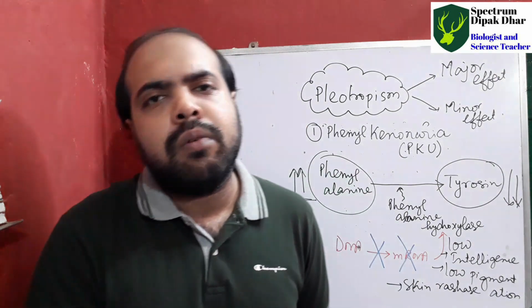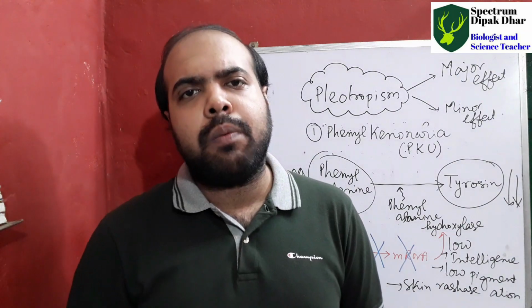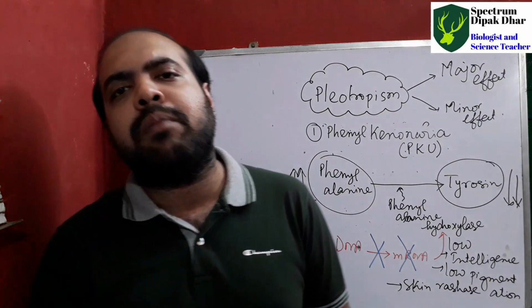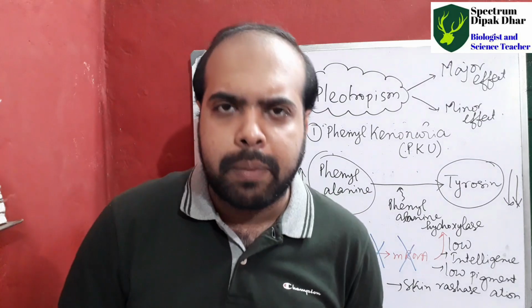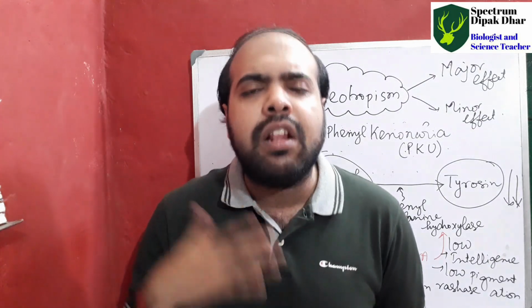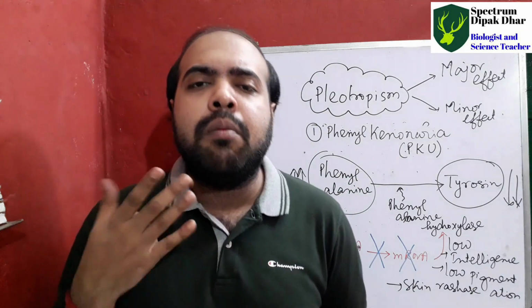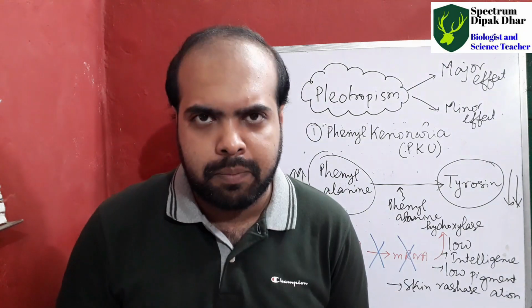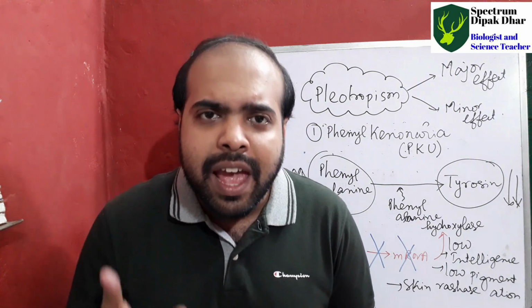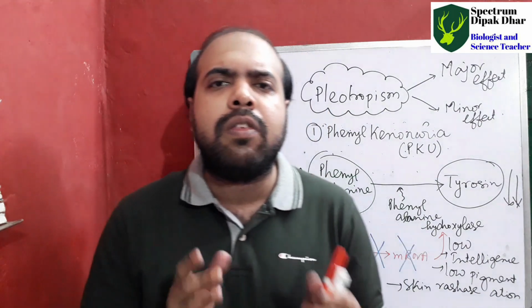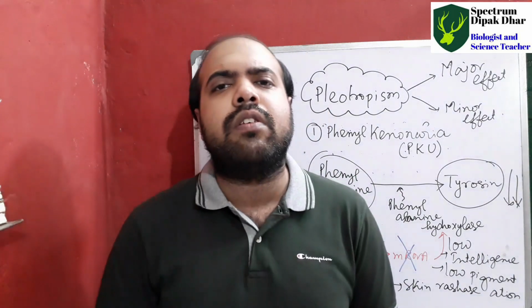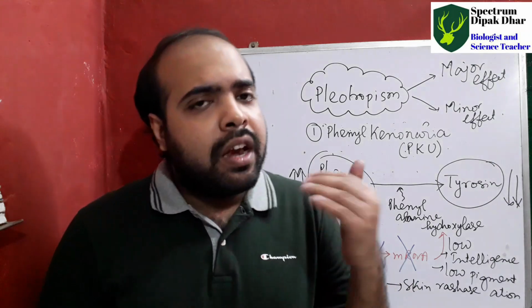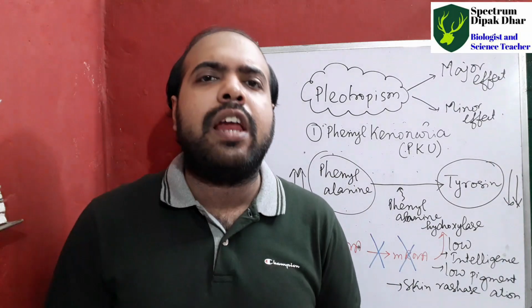The second most important example of pleiotropism is sickle cell anemia. All of you have heard that particular name. In sickle cell anemia, the hemoglobin is transformed and the RBC becomes sickle shaped. As we all know, the normal structure of RBCs is biconcave.